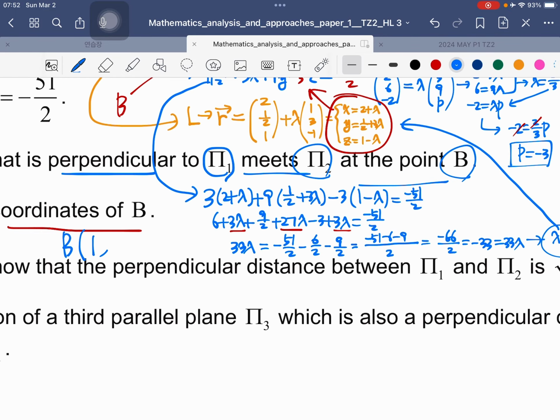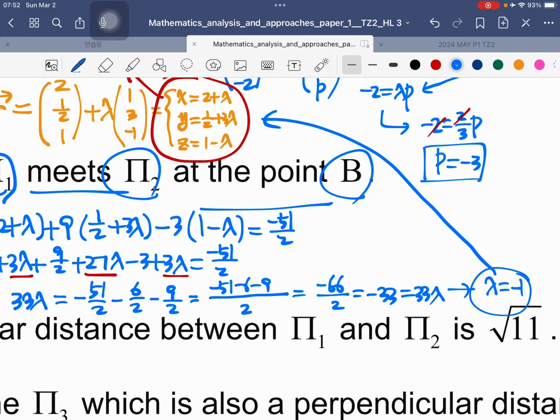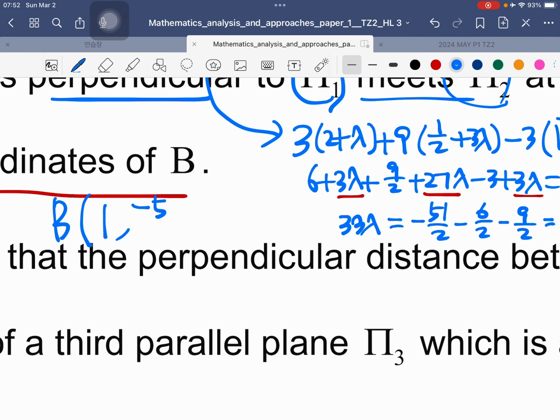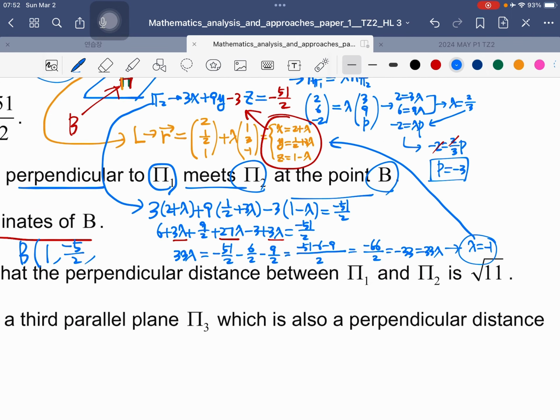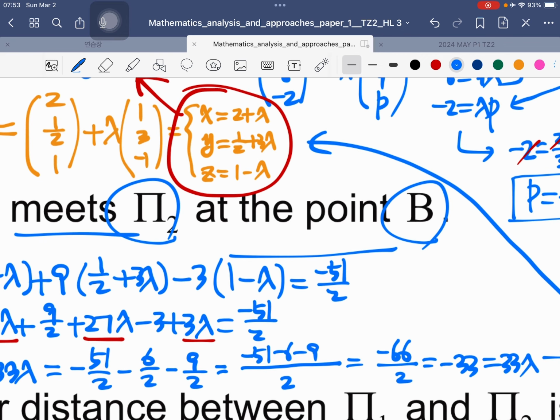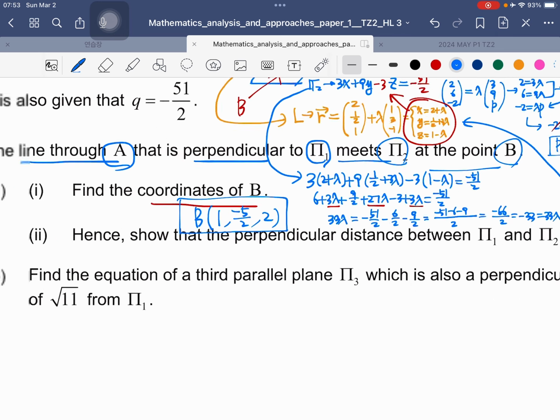The y coordinate is 1/2 minus 3, which is 1/2 minus 6 over 2, which is minus 5 over 2. When lambda is negative 1, the z value is 1 minus (-1), which is 2. So these are the coordinates of B.